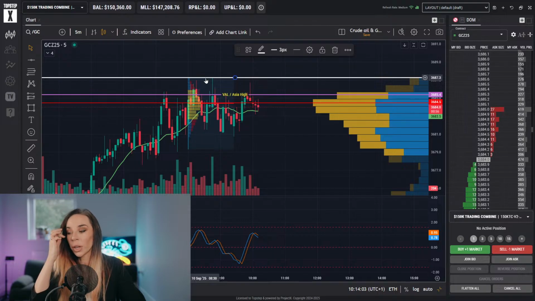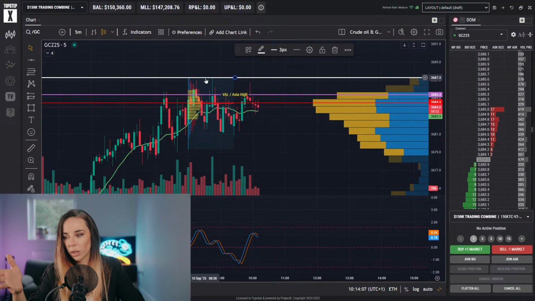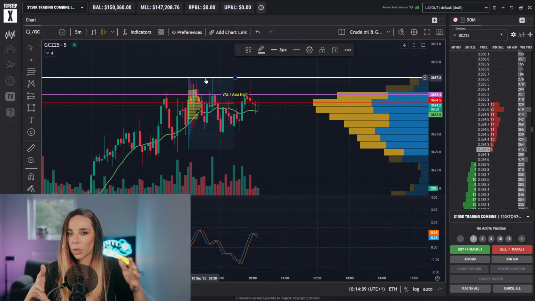And that then becomes a reference for the LME open, and the first 30 to 60 minutes, we're looking for that reversal.